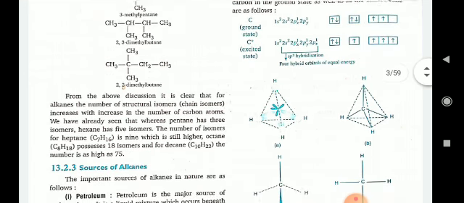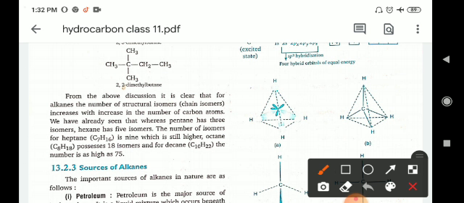So from the above discussion it is clear that for alkanes the number of structural isomers increases with an increase in the number of carbon atoms. We have already seen that pentane has 3 isomers and hexane has 5 isomers.